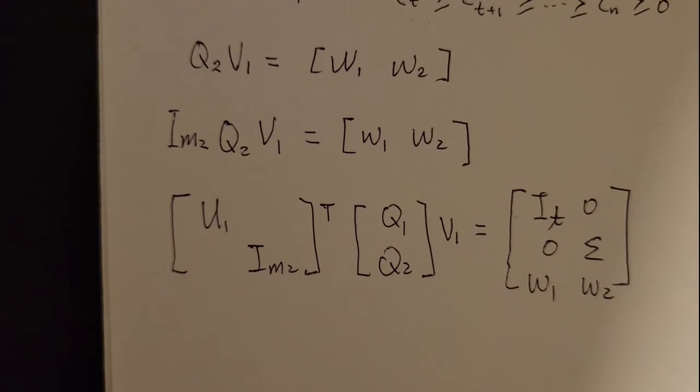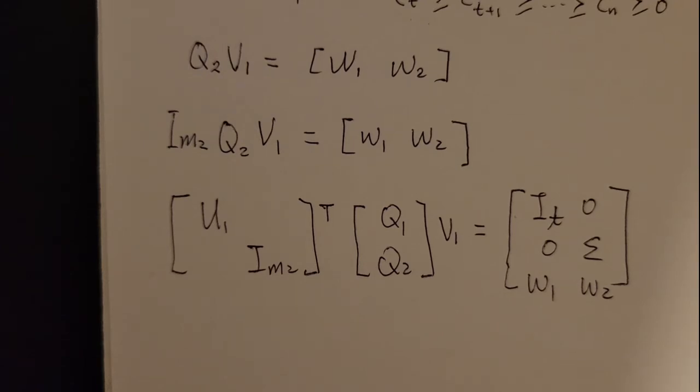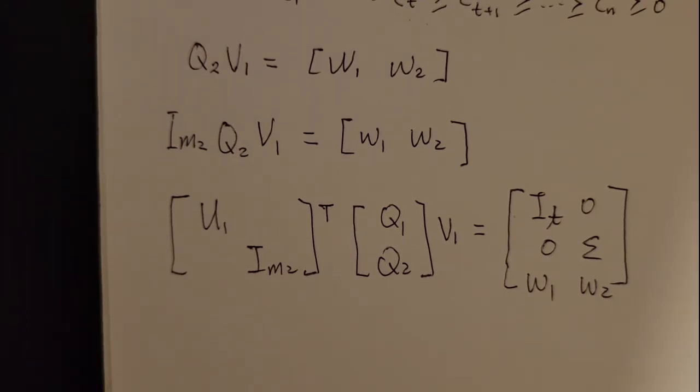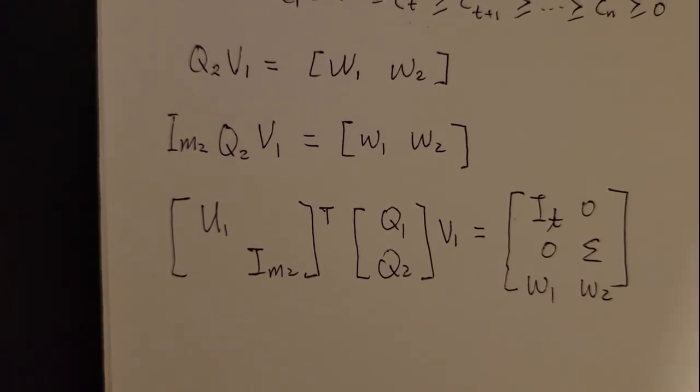Once we have Q2 times V1 equals W1 and W2, we're going to multiply the identity matrix that is the size of M2 on the left side of both sides of the equation. So you have the identity matrix of size M2 times Q2 times V1.